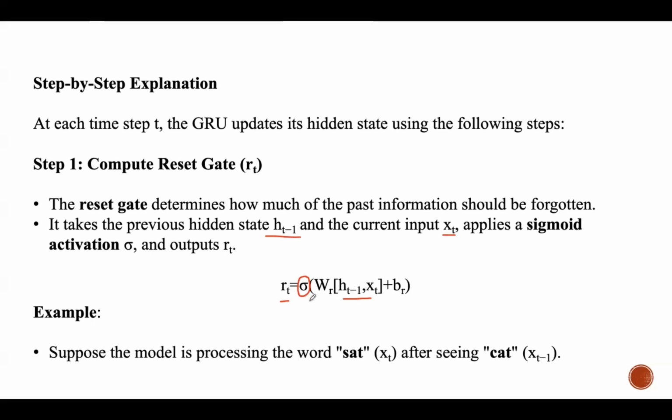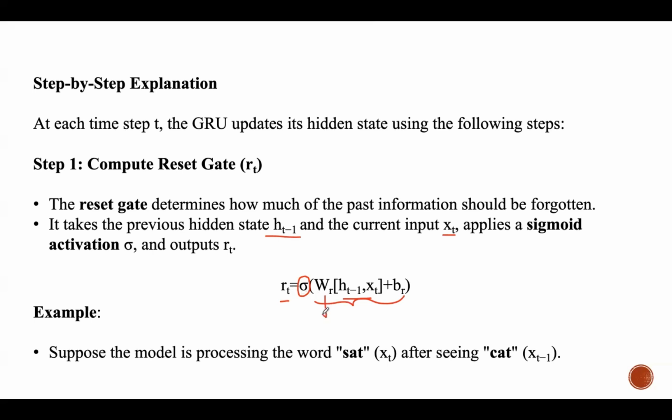The sigmoid activation function ensures the output always stays between 0 and 1. If r_t is close to 0, past information is mostly forgotten, and if r_t is close to 1, past information is mostly retained.